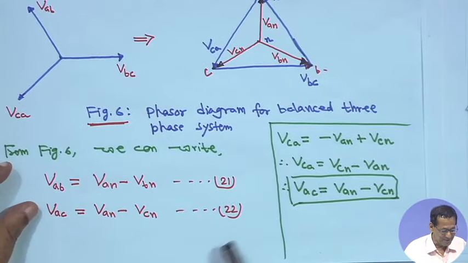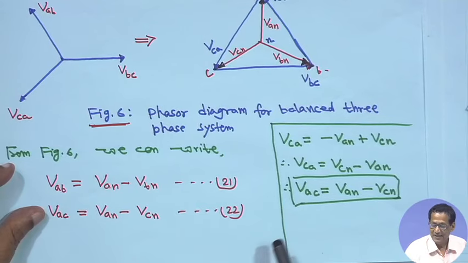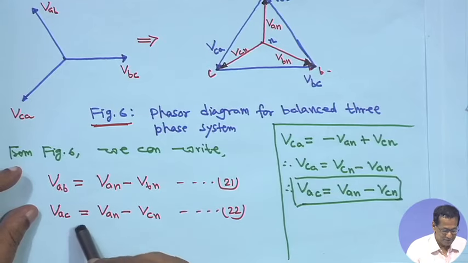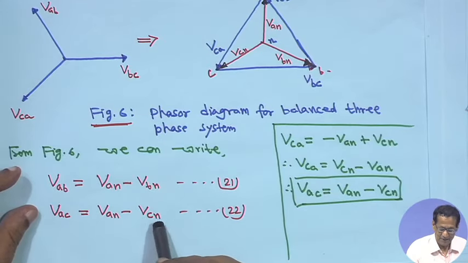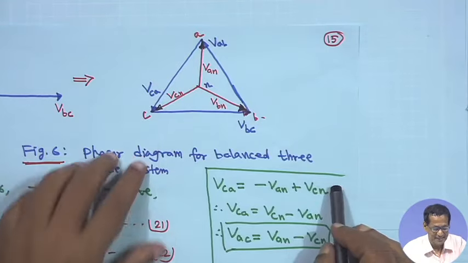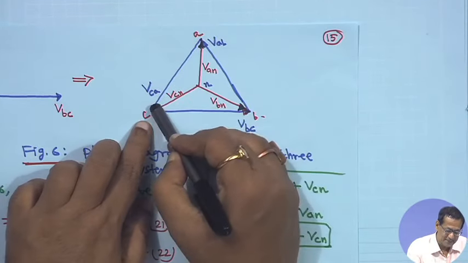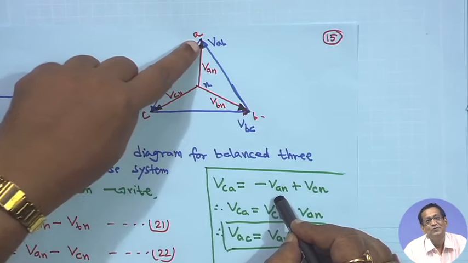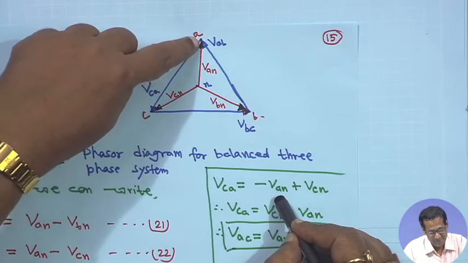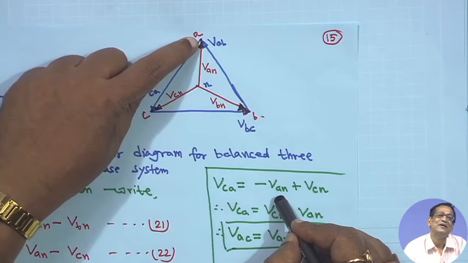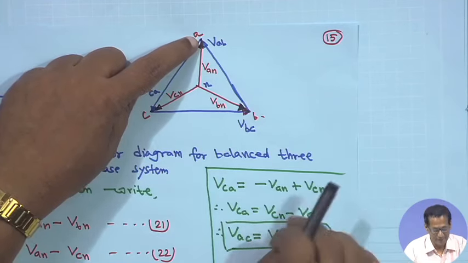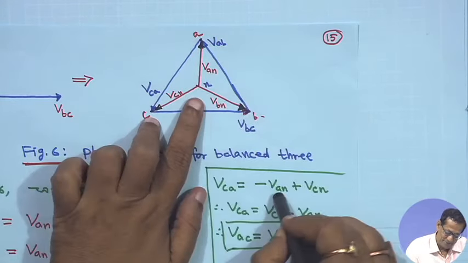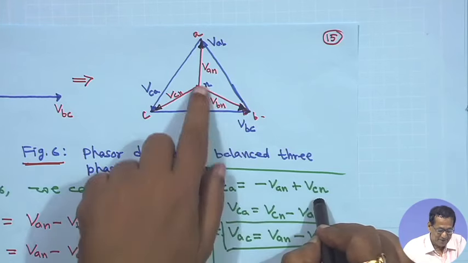Similarly, we want AB, BC, CA. First you see VAC, right. In this case VAB plus VAC. VAC will be equal to VAN minus VCN. So, let us first see the VCA. VCA is equal to minus VAN, because the way you do the vector, phasor is also the same thing; a phasor is a rotating vector. This is the difference between phasor and vector. So, your VCA is equal to minus VAN, writing first, plus VCN.